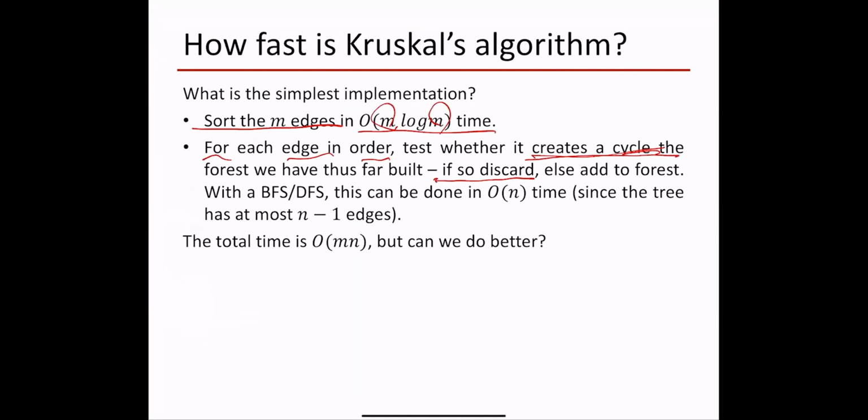If it creates a cycle in the forest we have so far, then I have to discard it. Else add it to the forest. With BFS or DFS, it could be done in n time. What takes n time? It's checking for a cycle, right?